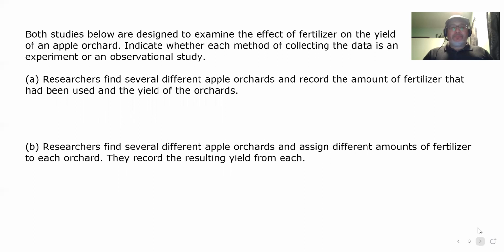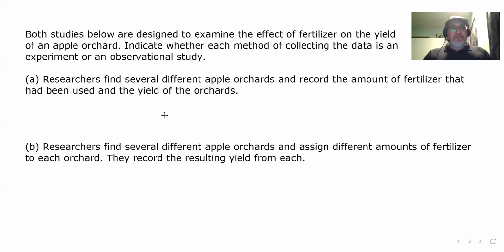A. Researchers find several different apple orchards and record the amount of fertilizer that had been used and the yield of the orchards. B. Researchers find several different apple orchards and assign different amounts of fertilizer to each orchard. They record the resulting yield from each. Which is A, an experiment or an observational study?